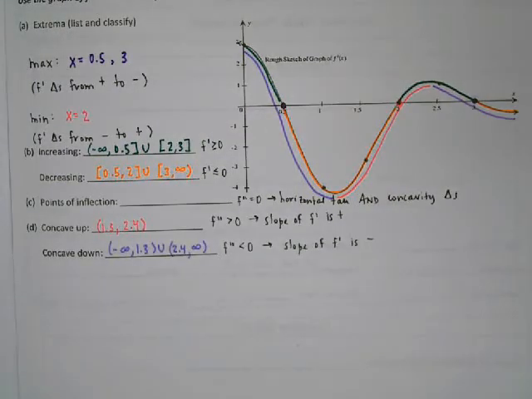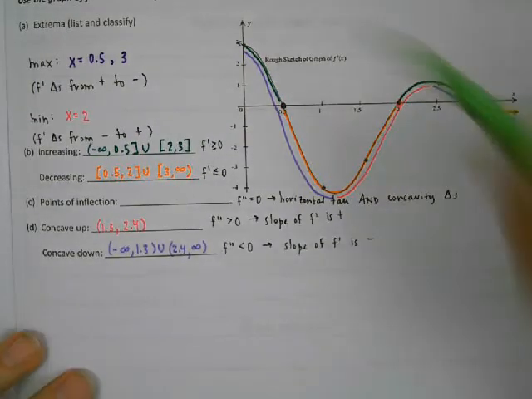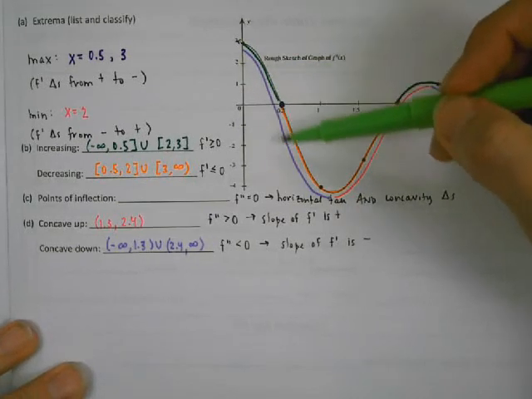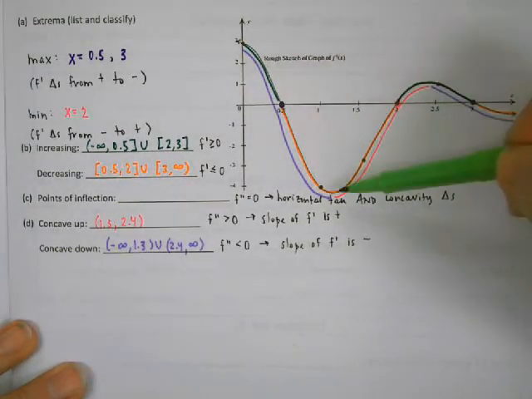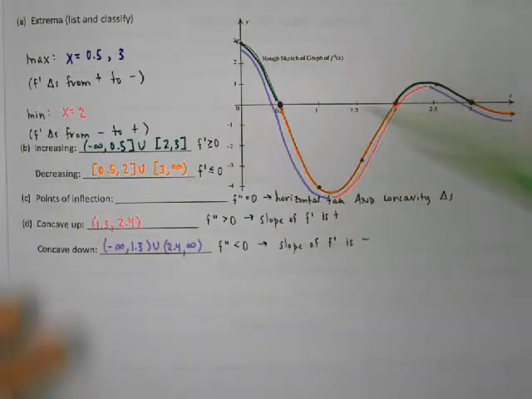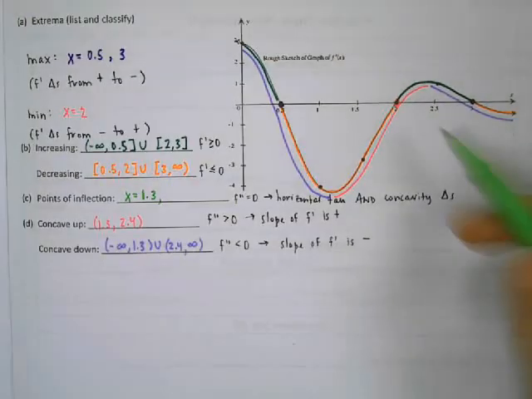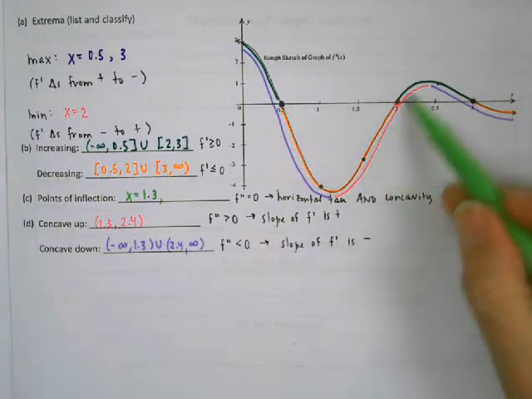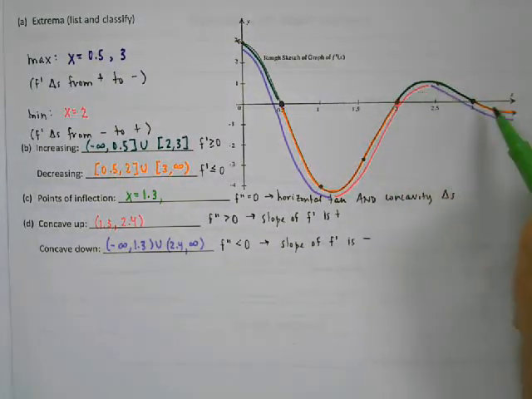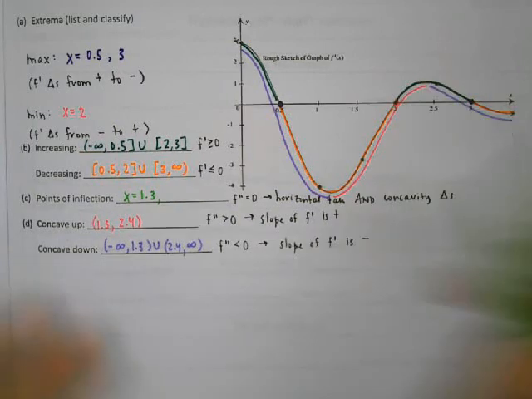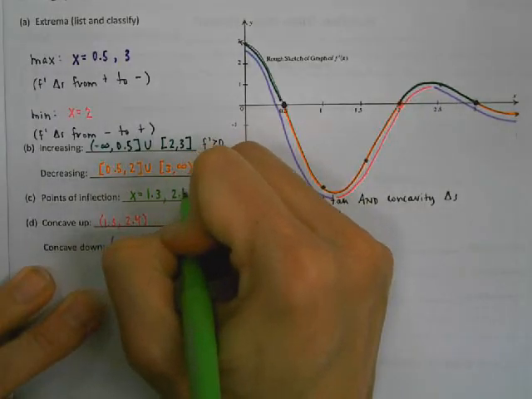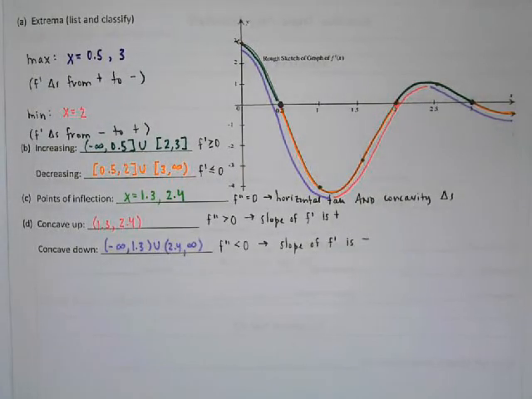So in our case, those points are going to happen. I change from concave down to concave up at 1.3, and I also notice I have a horizontal tangent there. And then I change again from concave up to concave down and have a horizontal tangent here at 2.4. So that's how we get our information from the graph of f prime.